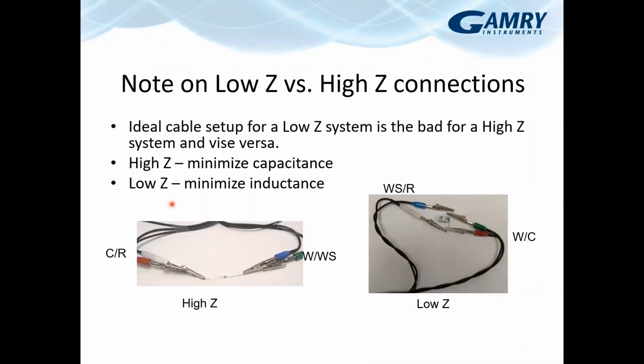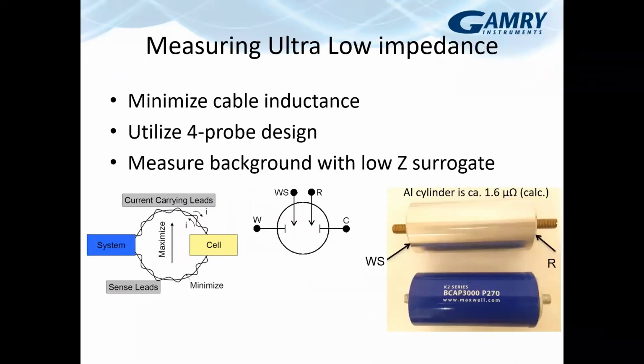For low impedance, you want to minimize mutual inductance, and that comes through the force sense separation. Since that's an electromagnetic field effect, the twisted pair does improve that. So if you've set up for one and you do the other, you've got a bad setup. Most people, however, are only doing one or the other, which makes things easier. So that's general cable setup for low impedance and high impedance.